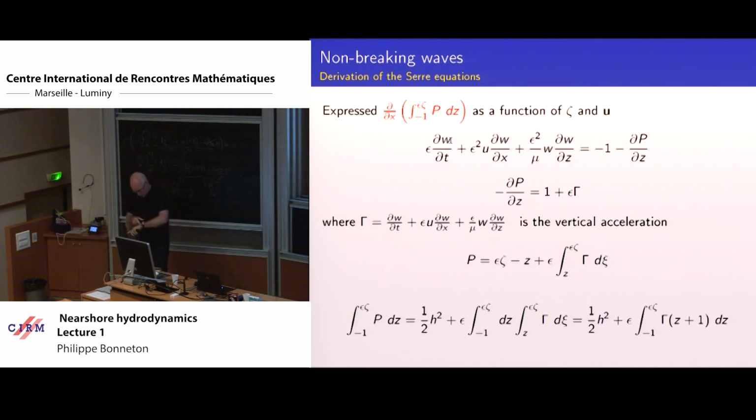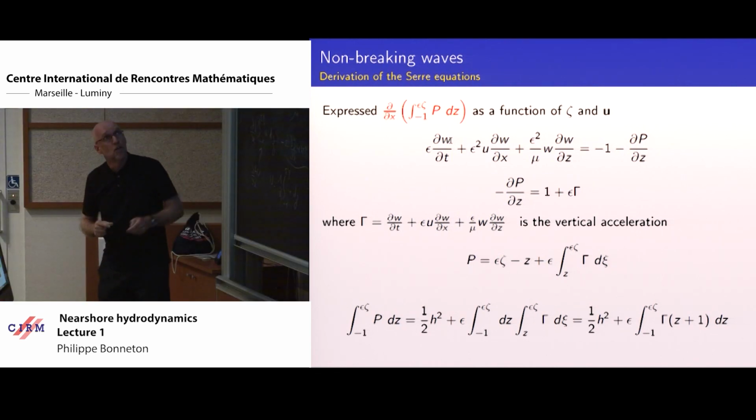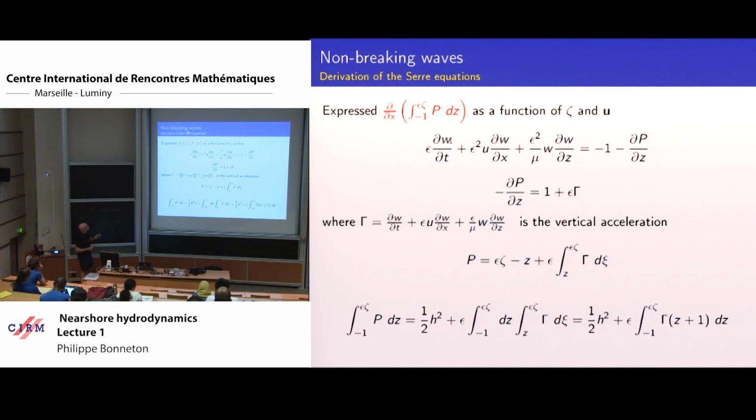For the first one, we would like to find a simple expression of this integral as a function of zeta and U. For that, we use the momentum equation in the vertical. So you can see here epsilon times the vertical acceleration. It's an exact equation, the Euler equation.